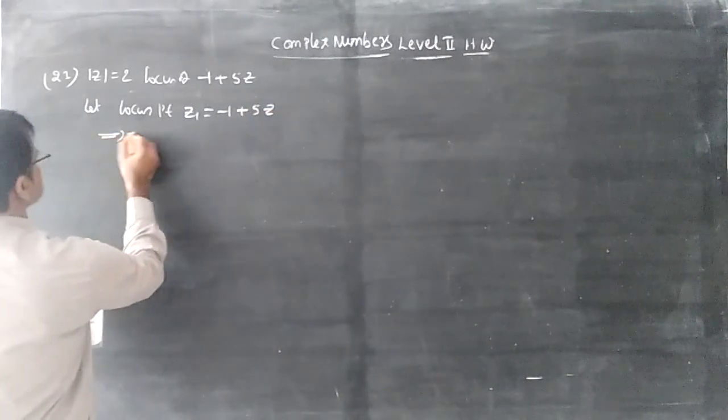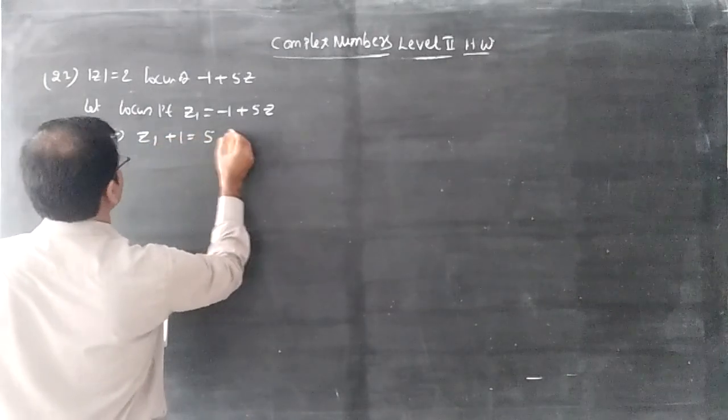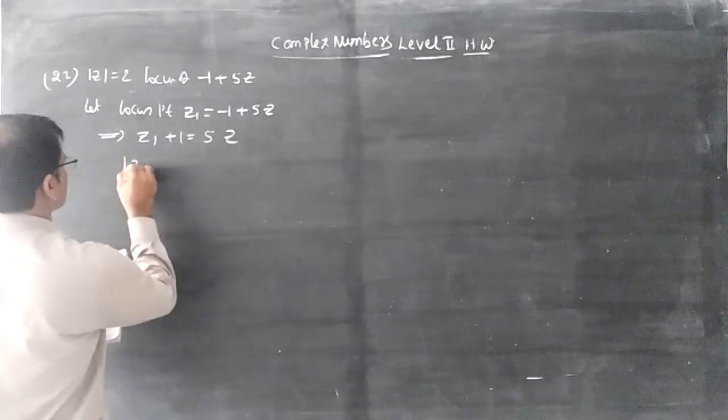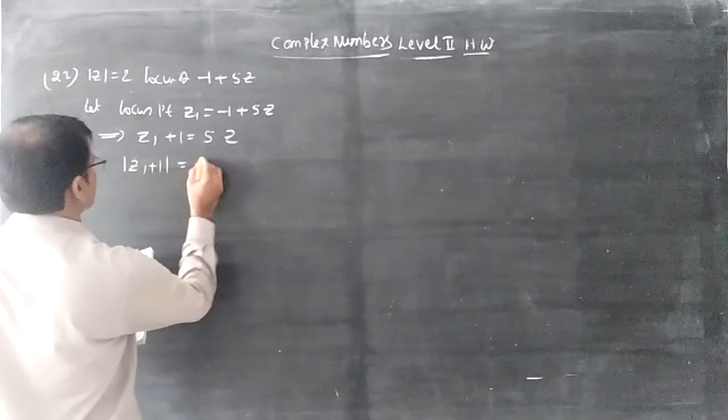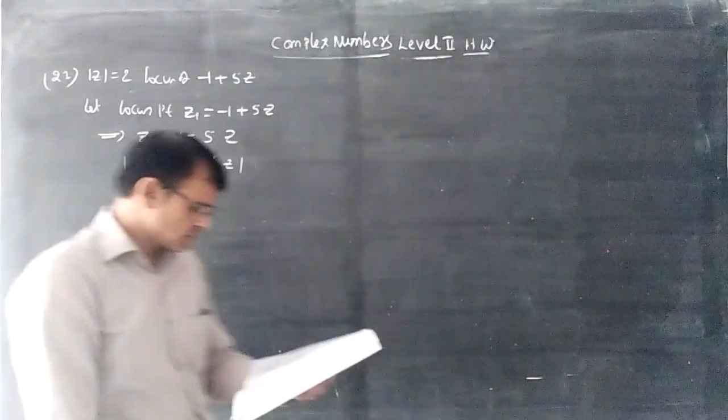That implies z1 plus 1 is equal to 5 into z. By taking modulus, modulus of z1 plus 1 is equal to 5 into modulus of z. What is he asking?